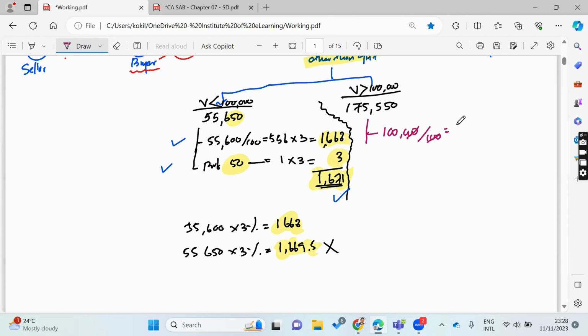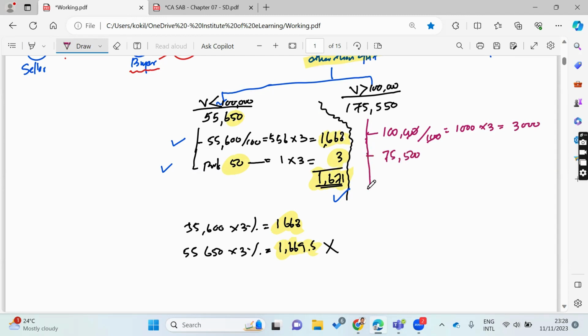Then you get 1,000 parts, multiplied by 3 rupees, which gives 3,000.